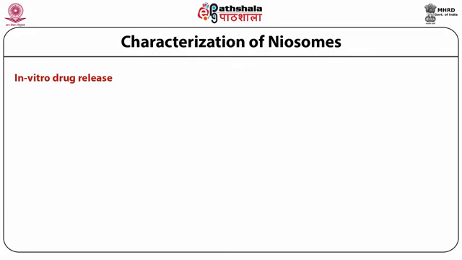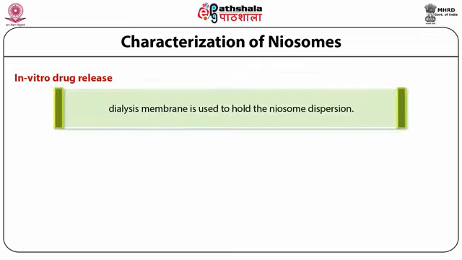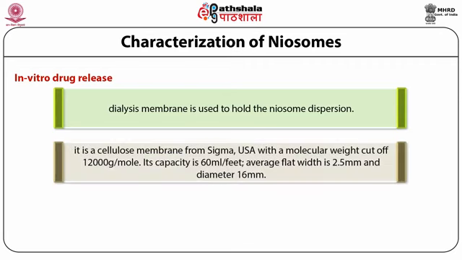In vitro drug release. It is the parameter used to assess the release of the drug from the formulation. Usually, dialysis membrane is used to hold the Neosome dispersion. This dialysis membrane is made of cellulose and is supplied by Sigma USA.